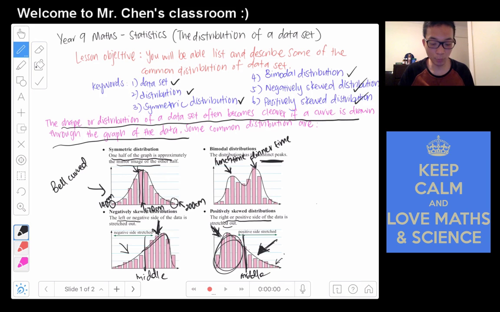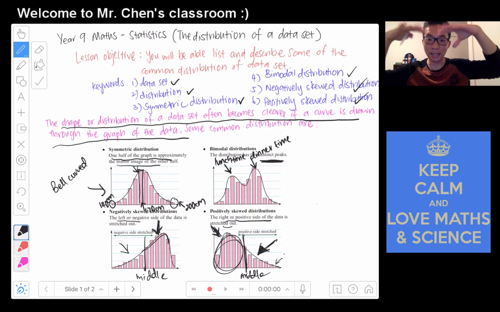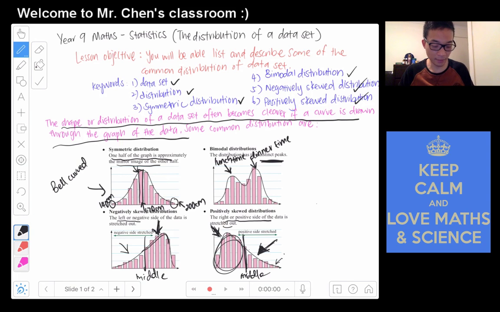Bimodal means you have two distinct peaks, two distinct heights. Negatively skewed means the data on the left hand side, the negative side, has been stretched out. And positively skewed means data on the right hand side has been stretched out. Those are the four common distributions of data.